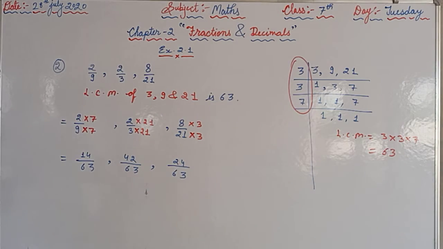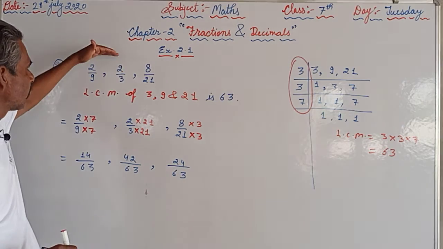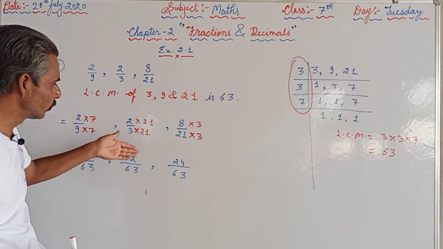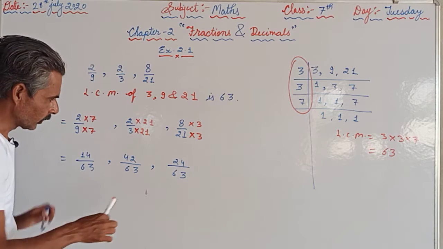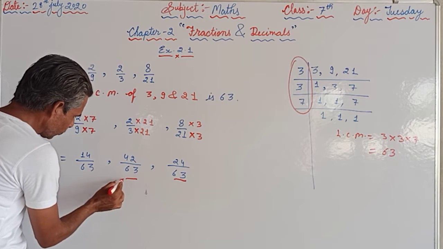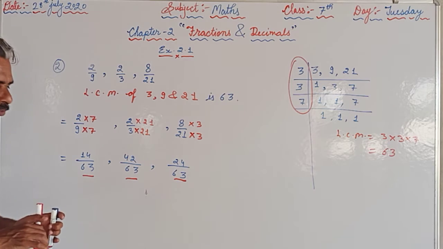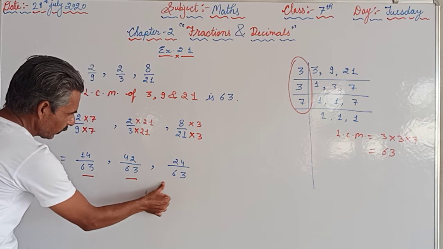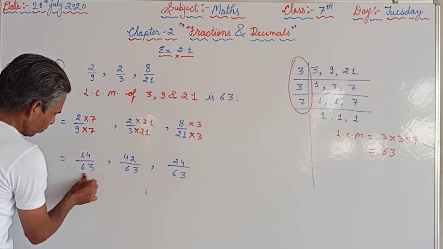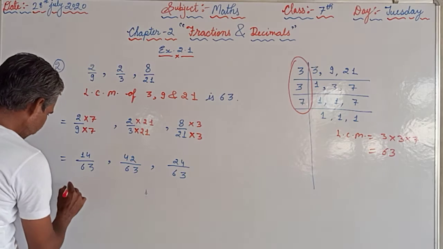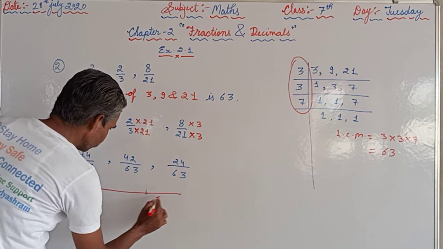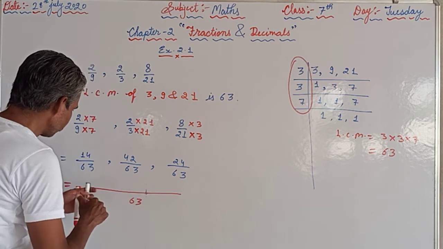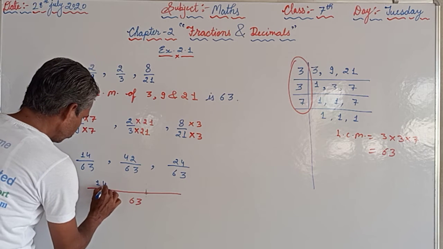Now we can observe that these unlike fractions have been converted into like fractions. Like fractions means the denominator is the same, that is 63. Now what do we have to do? Adding like fractions is very easy. We write the denominator 63 and add the numerators.